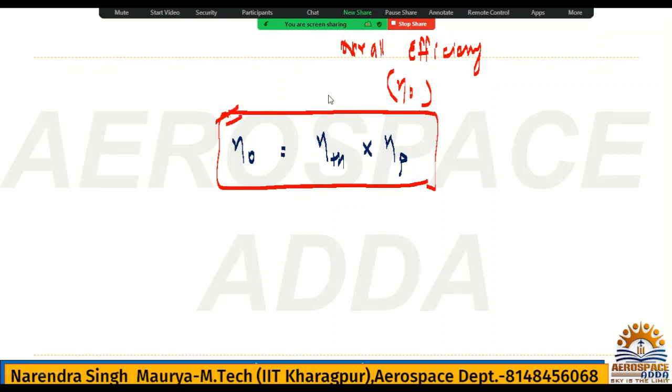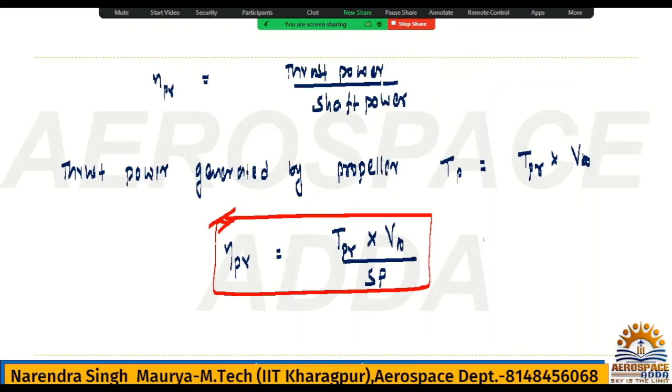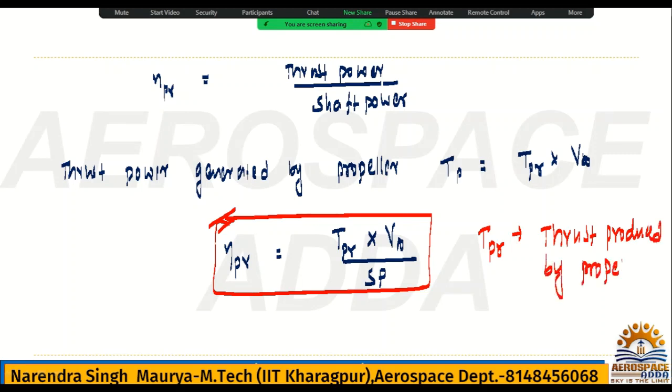T_PR is the thrust produced by the propeller.